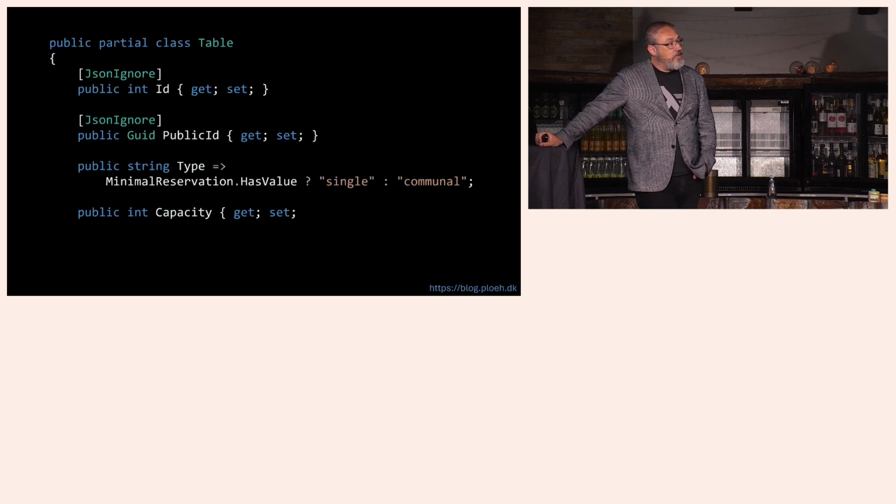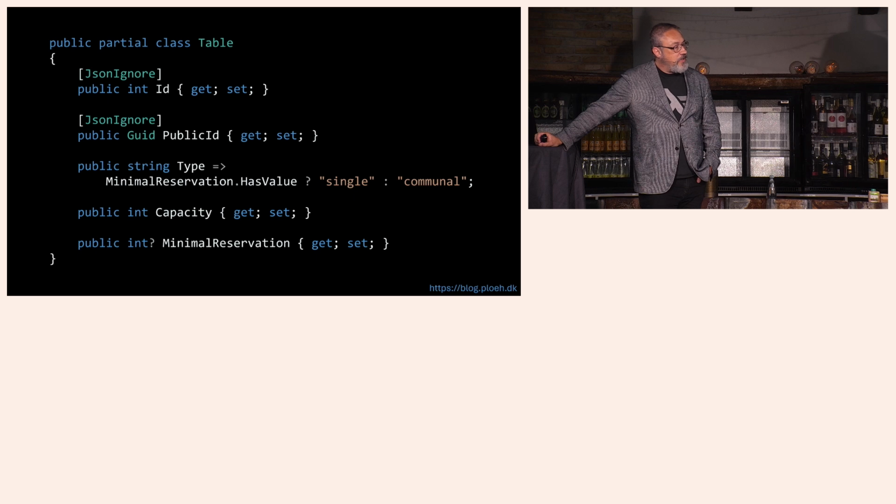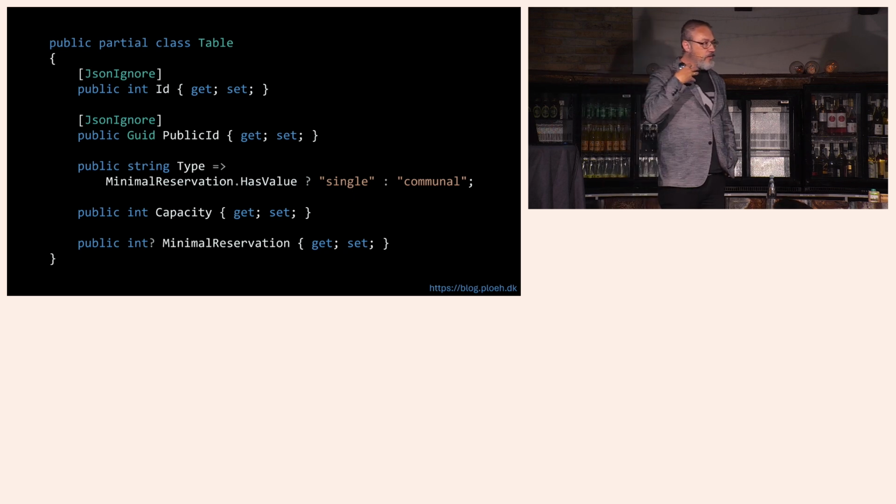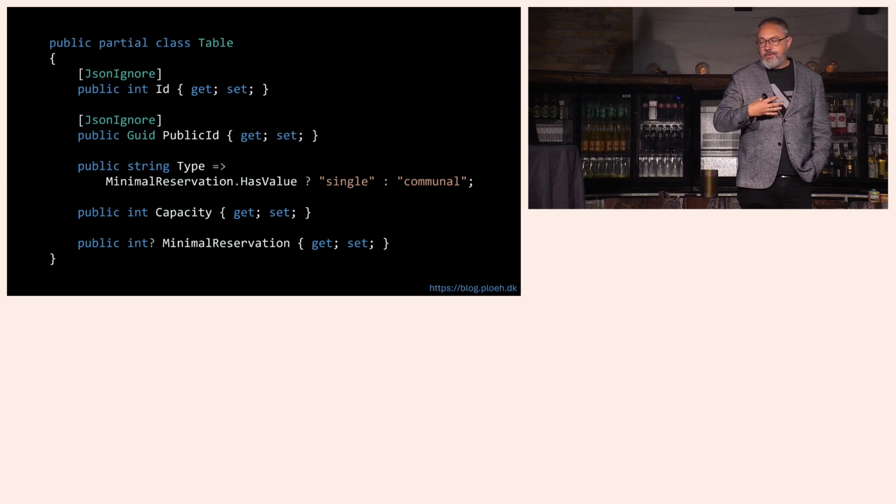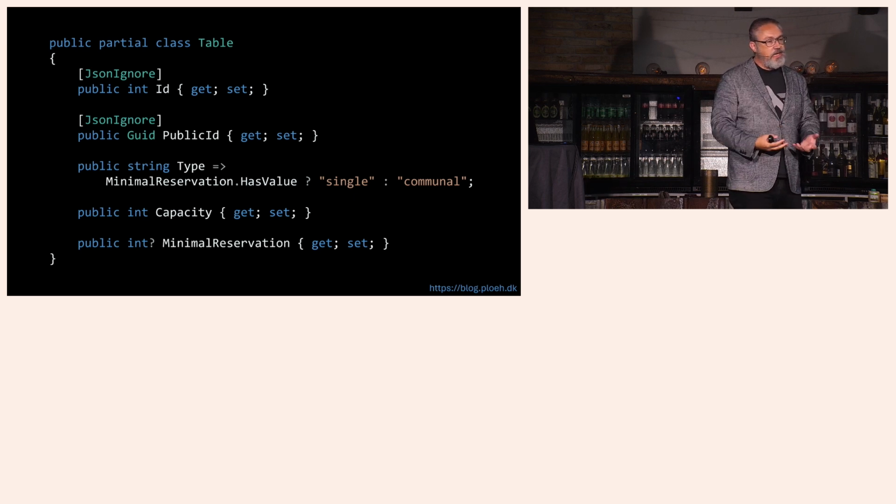Well, it's pretty simple. I started out with the Entity Framework class again, so that object relational mapper, and then I modified that afterwards. Since my initial starting point was the Entity Framework model, we have database concerns taken care of here.